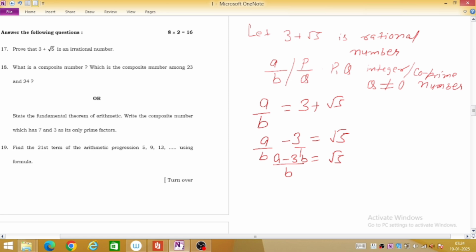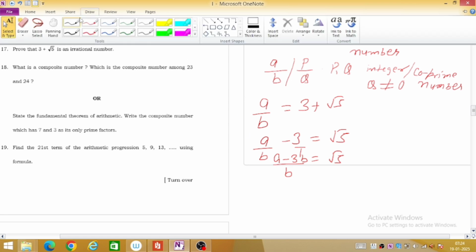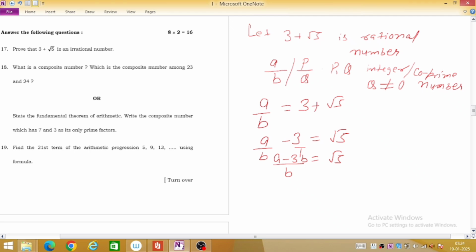You already very well know this root 5 is an irrational number.